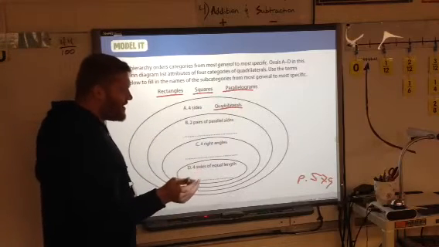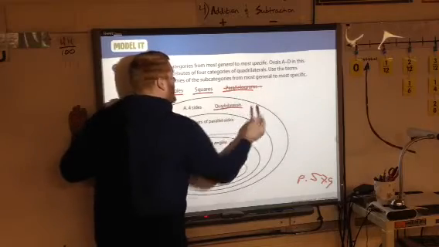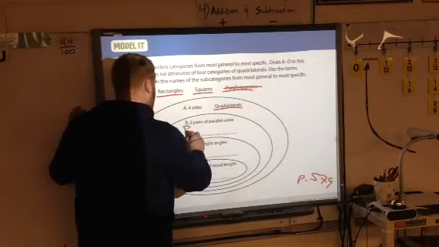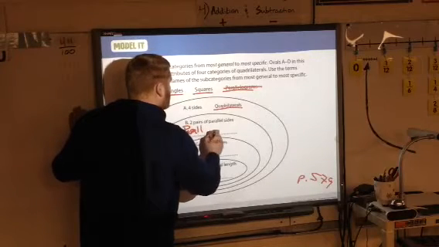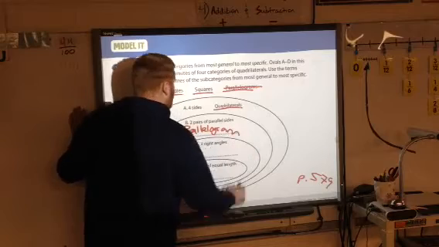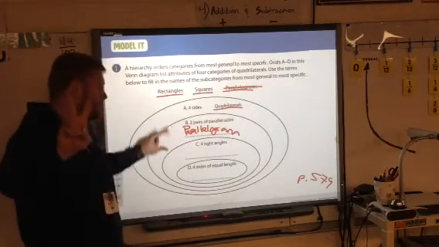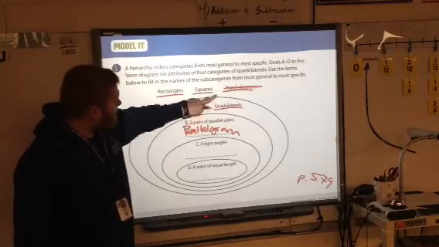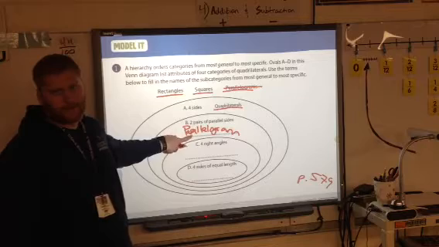The big one is almost in its name: parallelograms. Parallelograms have two sets of parallel sides. So a parallelogram has two key attributes here. That's why it's deeper in our Venn diagram. It has a four-sided figure, and it has two sets of parallel sides.